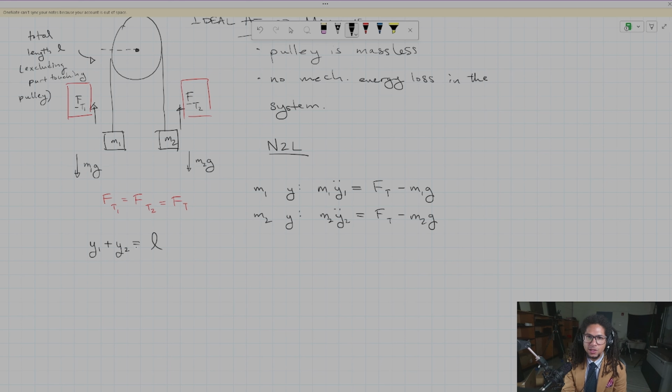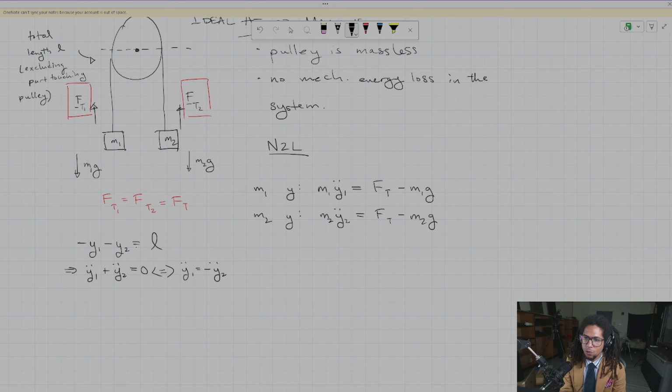So for instance, if we say y is the distance above this, then these are at positions y1 and y2, which are negative, and we would actually have the following. So maybe just for consistency, I'll say that y1 is the distance above this center line. But either way we do it, we'll get the following when we take the second derivative. We get that y1 double dot plus y2 double dot is equal to 0, or equivalently, y1 double dot is equal to minus y2 double dot.